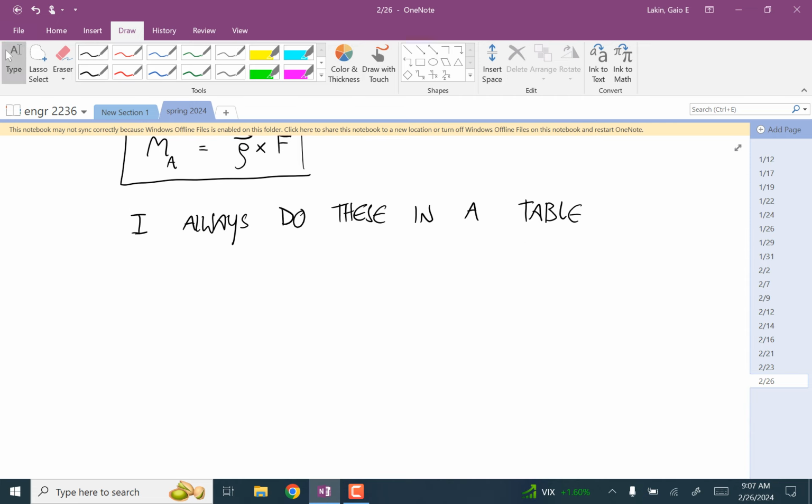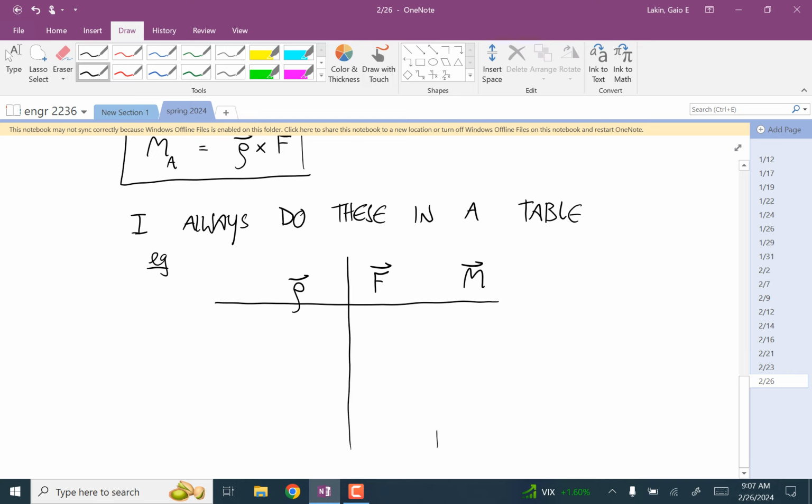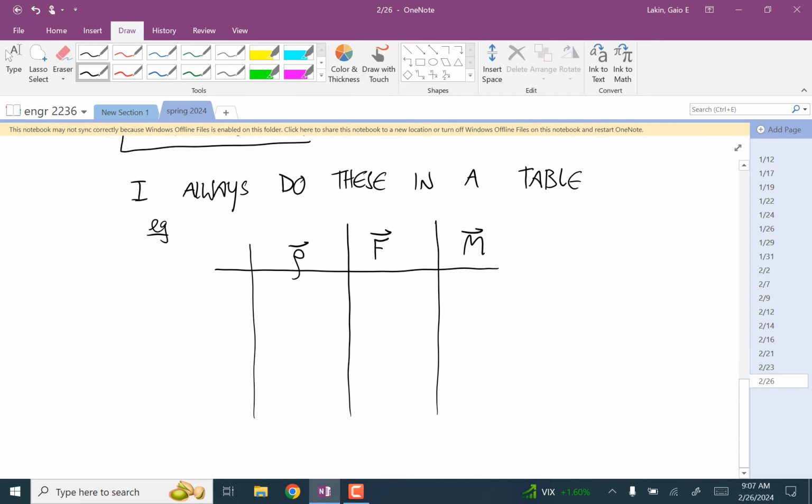The table looks like this. You always have these three columns: rho, F, and moment. Each individual force acting on the body has its own rho in this column.